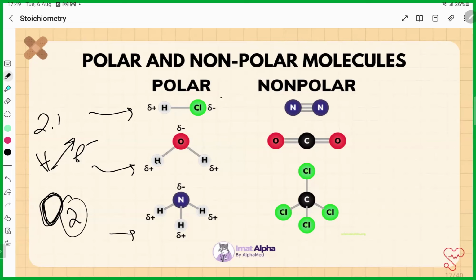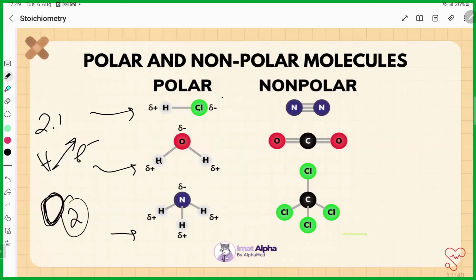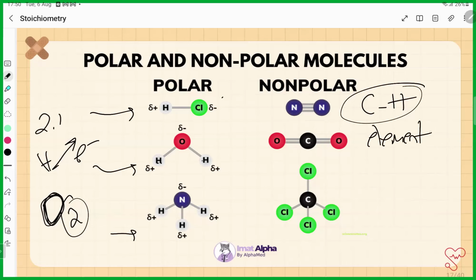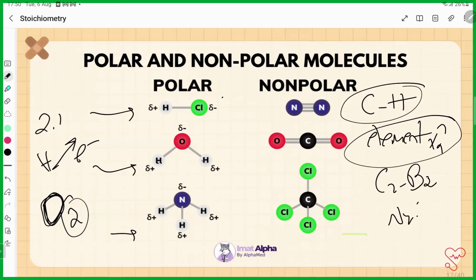Now, what you should memorize about nonpolar: any carbon and hydrogen is always nonpolar. Any molecule made of one element twice, like C2, B2, N2, H2, is nonpolar. Why?